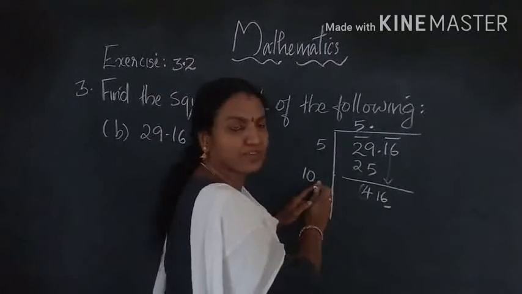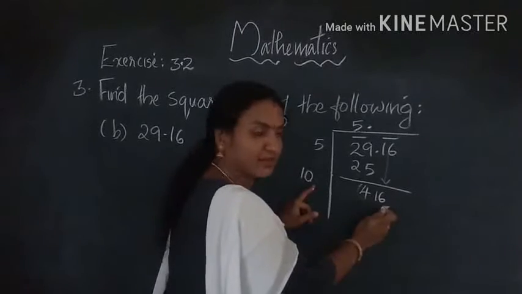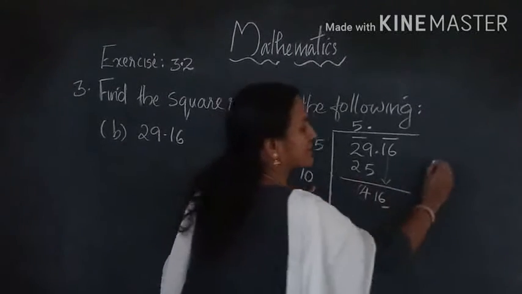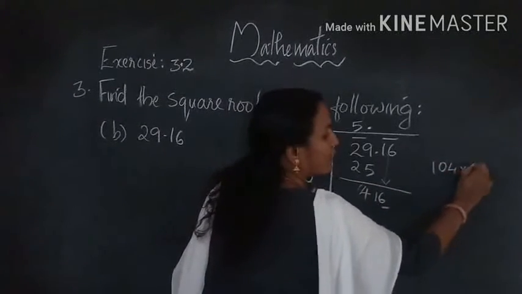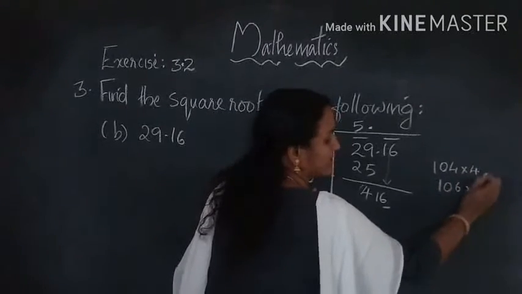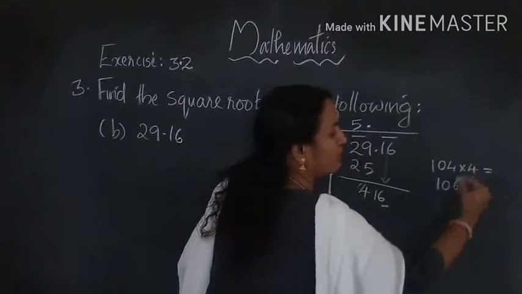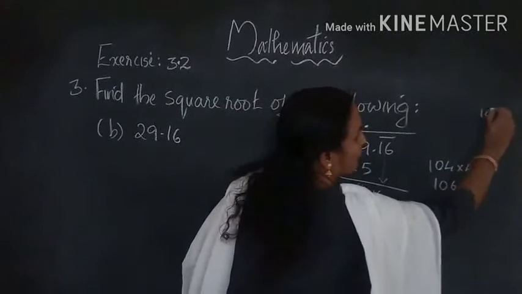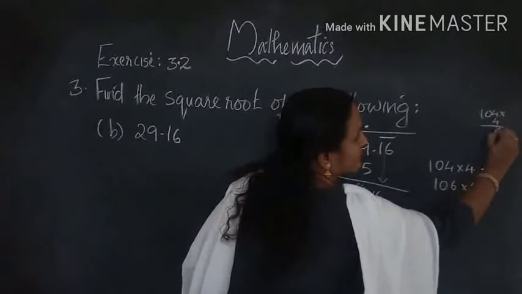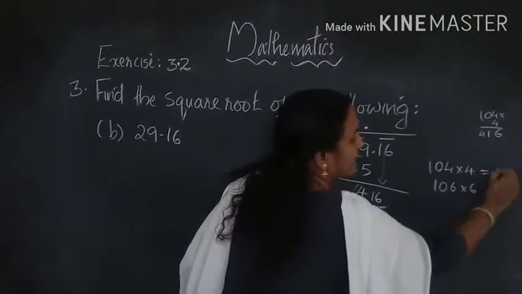So the last digit of the divisor can be either 4 or 6. Why? 4 4s are 16, 6 6s are 36. If it is 104 into 4, otherwise 106 into 6. Check: 104 into 4, 4 4s are 16, balance 1, 4, 416.